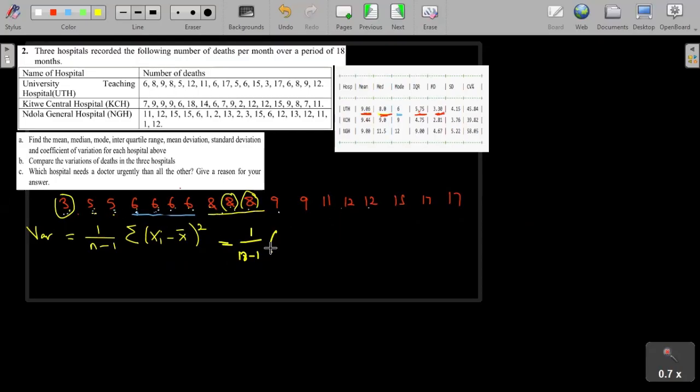The first one will be 3 minus 9.06 squared, plus, using the same trick that we used on the mean deviation for these repeating values. Here I have 2 5s, so I'm going to say 2, 5 minus 9.06 squared, plus the 6, I have 4 of them, so I'll write 4, 6 minus 9.06 squared.